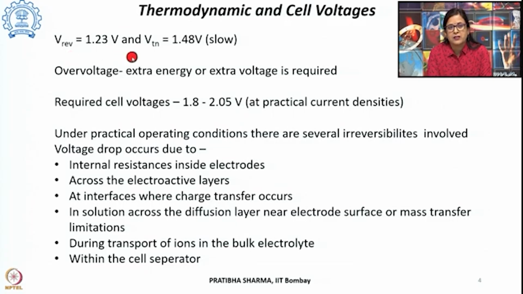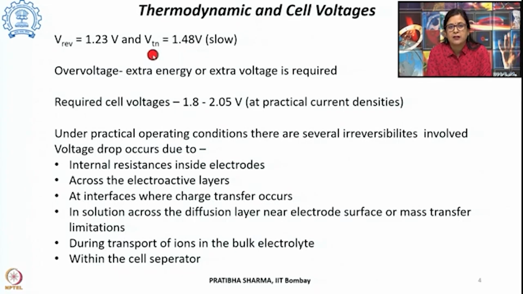However, if the required energy for converting into water vapor also comes from the electrical energy and the process becomes isothermal, so that the cell is not taking any heat from the surroundings, then it is known as the thermoneutral voltage, and its value is 1.48 volt, which we have seen in the previous class.